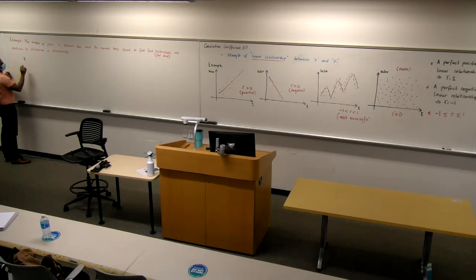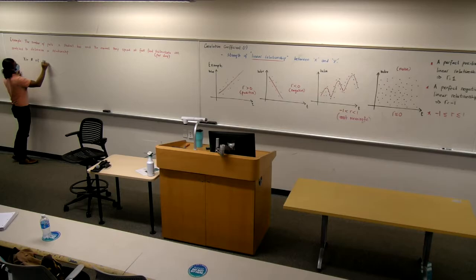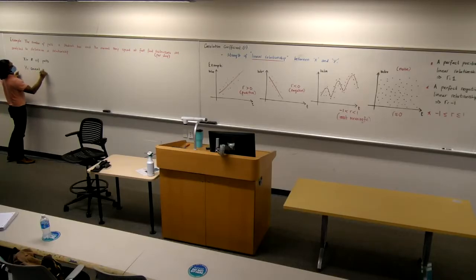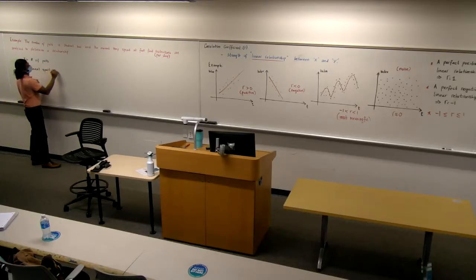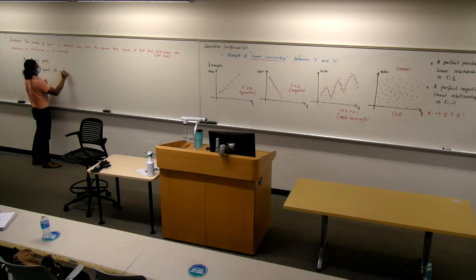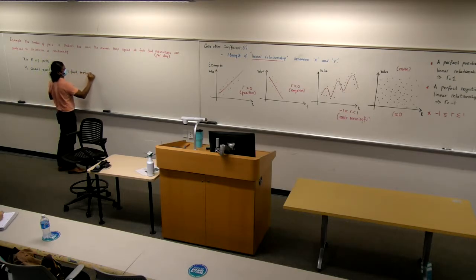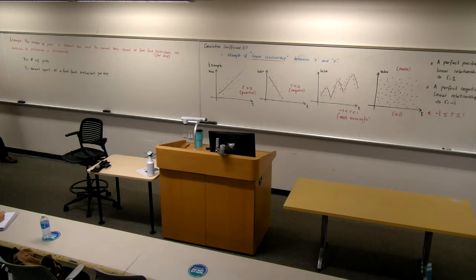We'll see. I'm going to call X the number of pets, and Y would be the amount spent at a fast food restaurant per day.